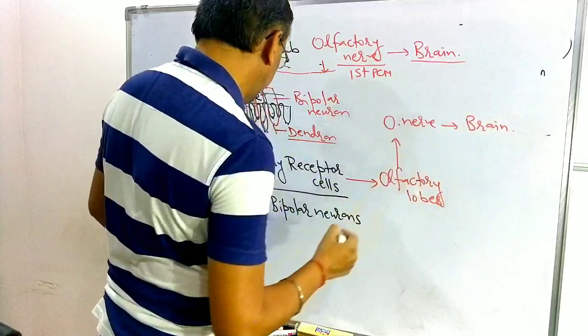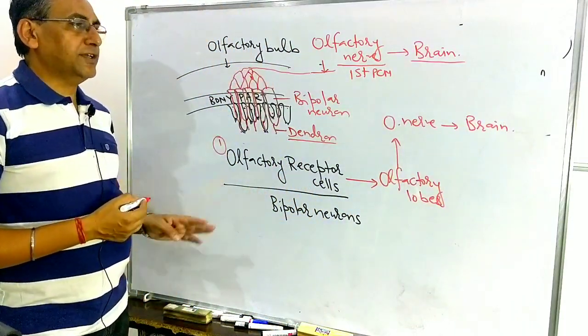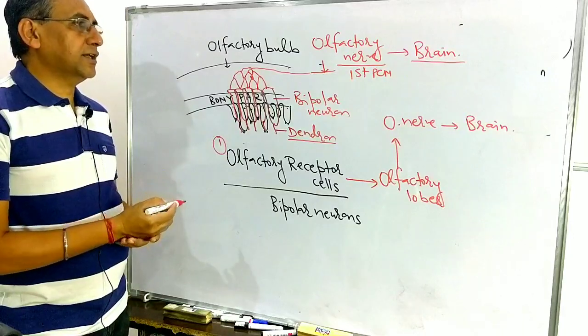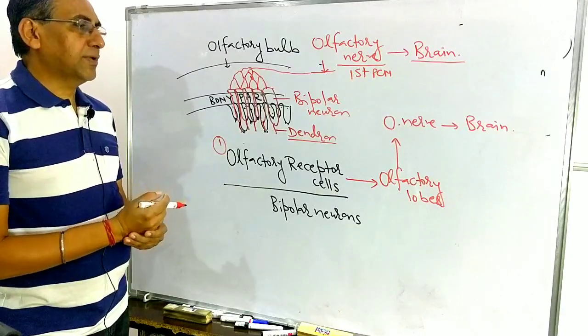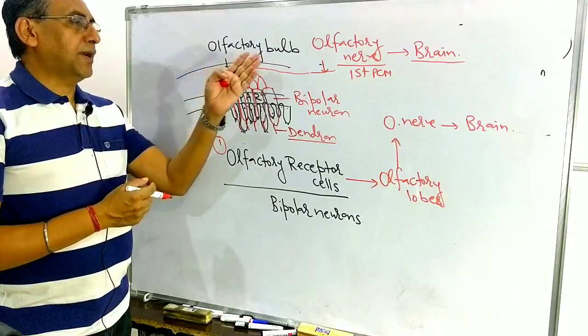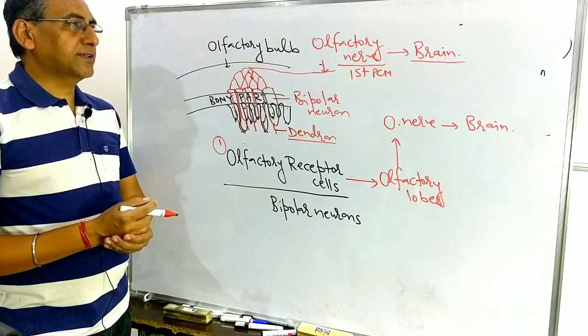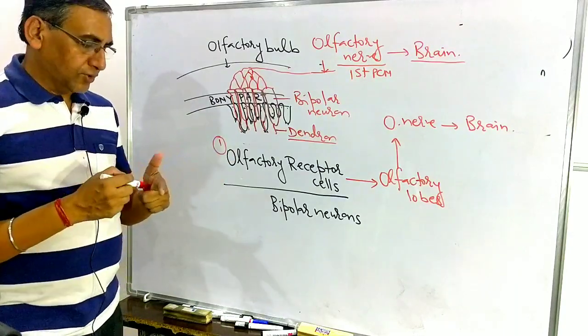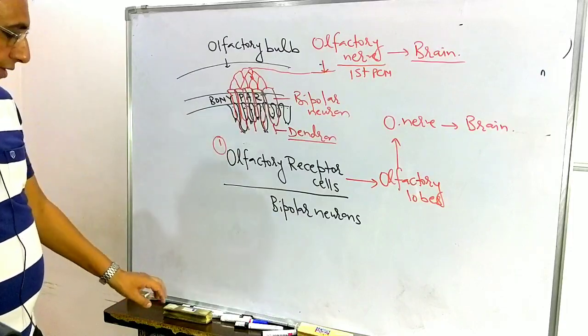And the brain analyzes what type of smell we are getting here. So this is the first one, the sense of olfaction. It is a very small topic; you have to remember the types of cells and the pathway of the impulse, how the sense of olfaction is received by the brain.